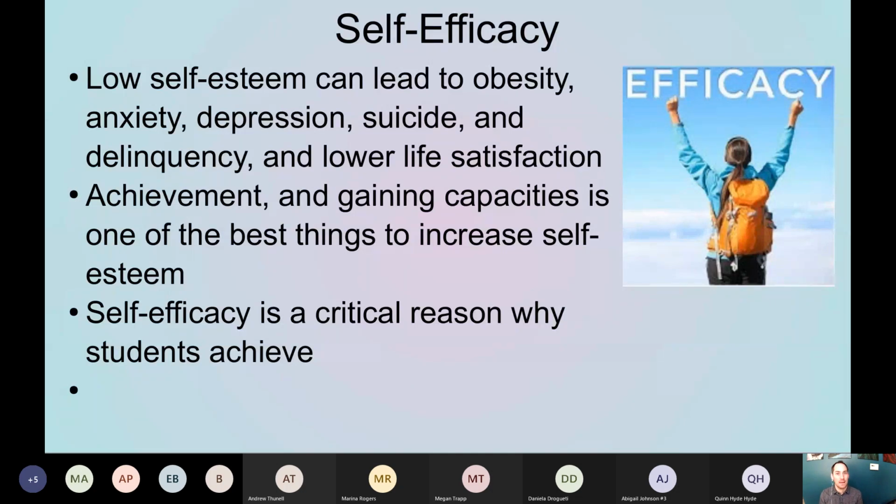If you don't feel like you are going to be able to accomplish something, you might not even try. If you feel like you're not going to be able to learn how to do multiplication, you're not going to try as hard. It's going to be really discouraging when you do poorly.